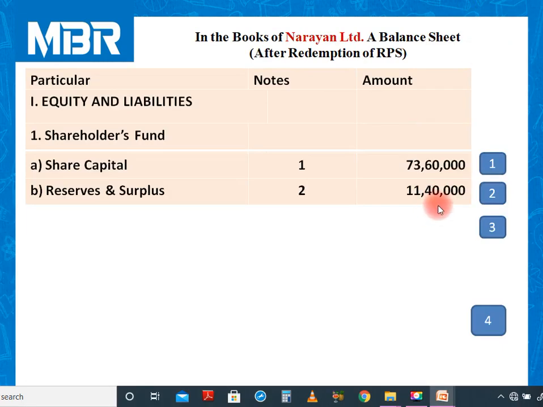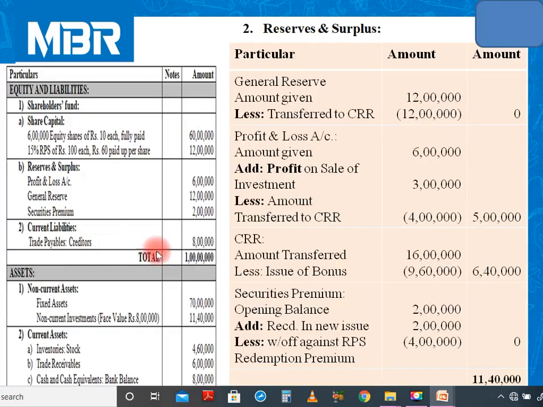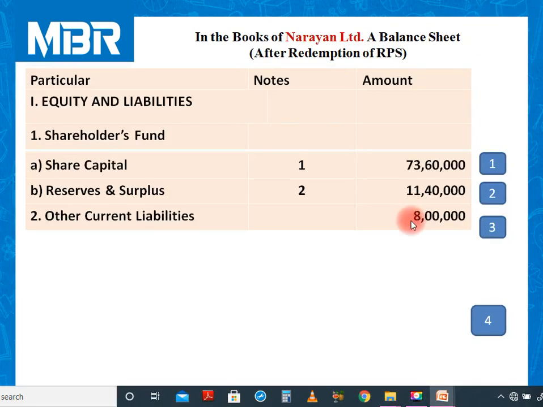That we have inserted over here. Other current liabilities 8 lakhs. You can directly check in your calculation. Current liabilities 8 lakhs. So without any calculation, you can directly insert the figure in the balance sheet.